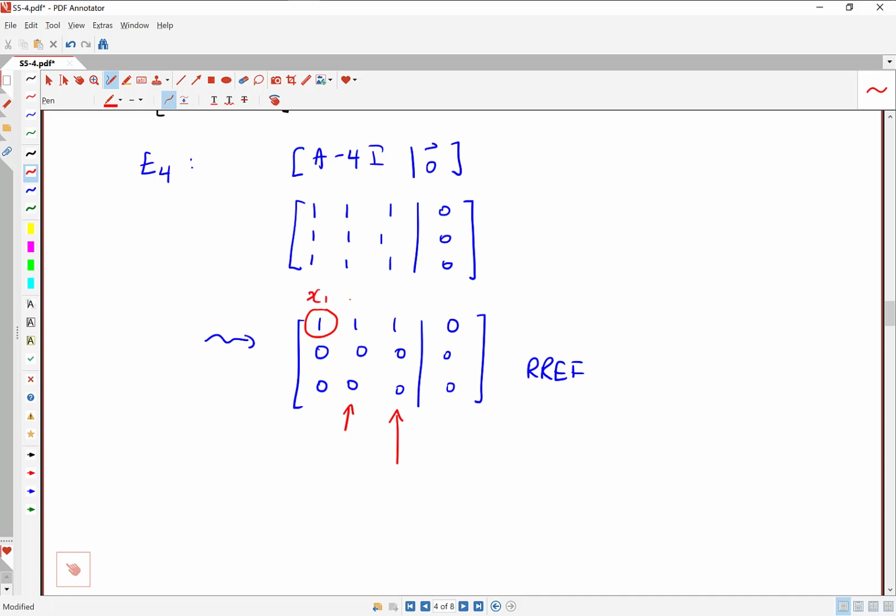So if we call our variables x1, x2, x3, we're saying x2 equals s, let's say, x3 equals t, and then top row says x1 plus x2 plus x3 equals 0. So if we solve this for x1 and just use the values of our parameters, x1 is minus s minus t.